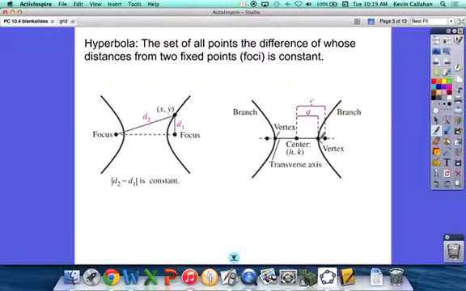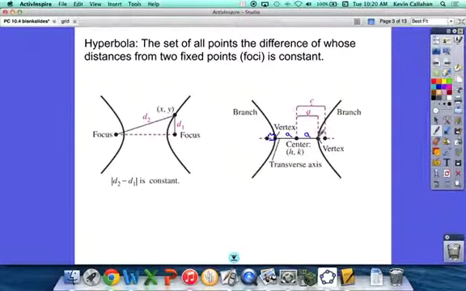And if you look at these here, since for every point on these shapes the difference is constant, then it has to be the same even for the vertex, right? So if we were going to do the subtraction from this point to this point minus this point to this point, well, you can see that from the vertex to the opposite focus, it's going to be the length from vertex to vertex, which is an A plus an A. And then it's got this little piece right there, right?